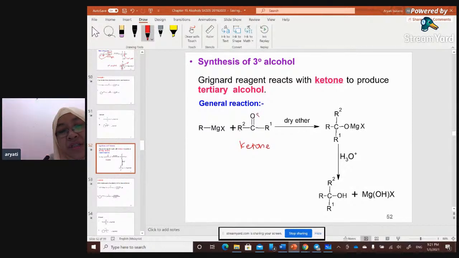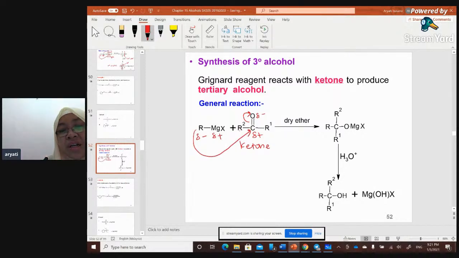So oxygen partially negative sebab dia group 16, carbon will be partially positive. Magnesium will be partially positive sebab dia adalah group 2, prefer to donate electron. Alkyl group, carbon will be partially negative. Oxygen attract a pair of electron to oxygen. Okay, carbon from alkyl group akan donate a pair of electron to carbon.